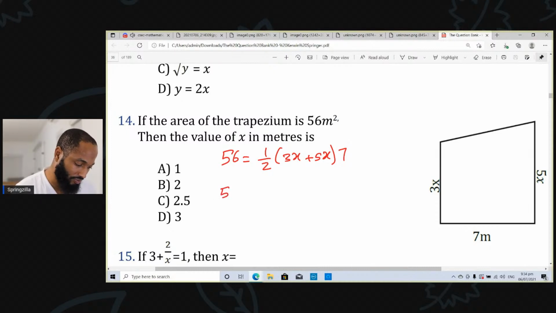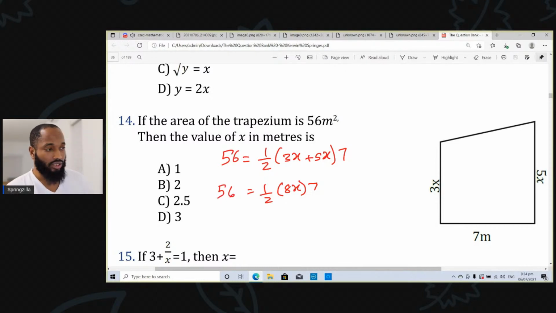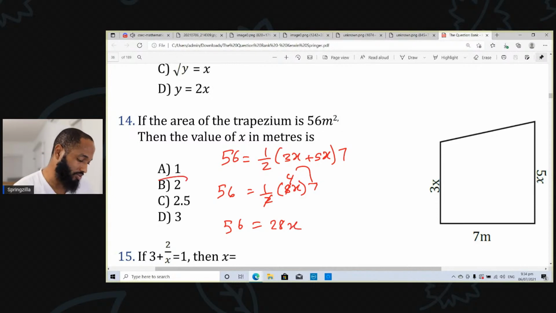What's going on? So 56 is equal to... there's going to be a 2, 4, 28. This half will cancel here. 4 by 7 is 28x. 28 times 2.